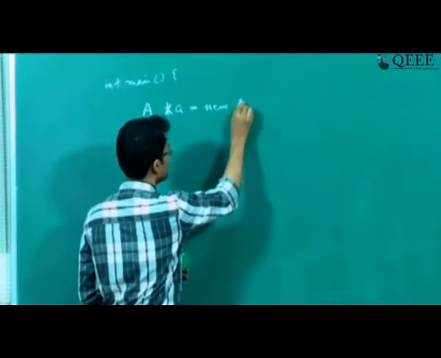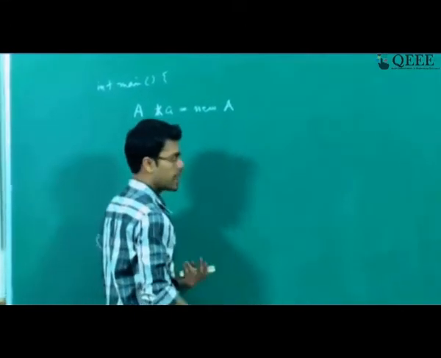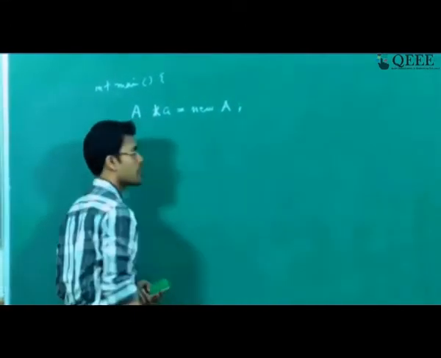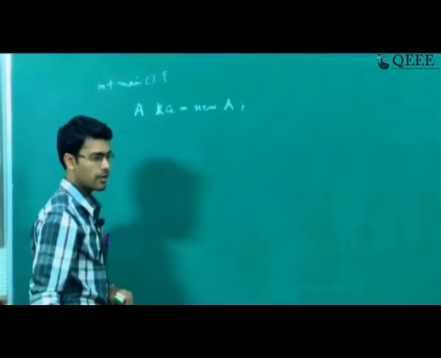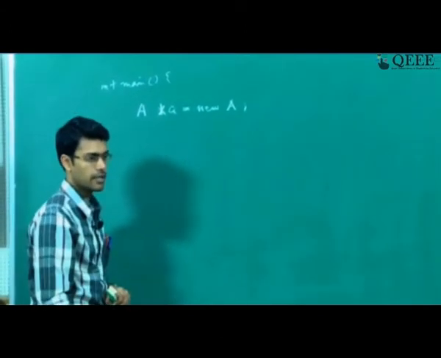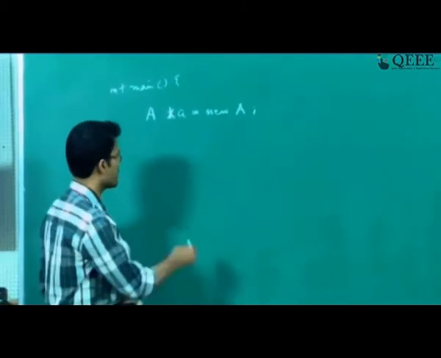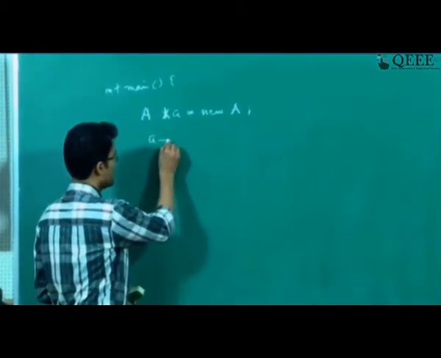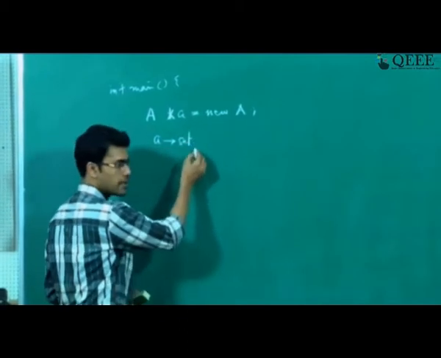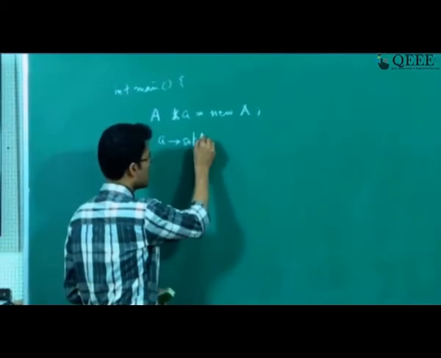I am going to say new A, and in case you have certain parameters to be passed to the constructor, you can do that here. Alternatively, in our case we don't have any arguments to the constructor, right. So there is a default constructor that we are using, and then A arrow set data.